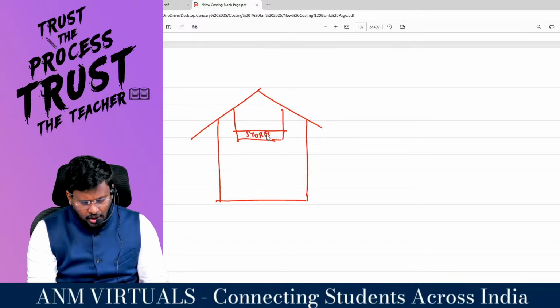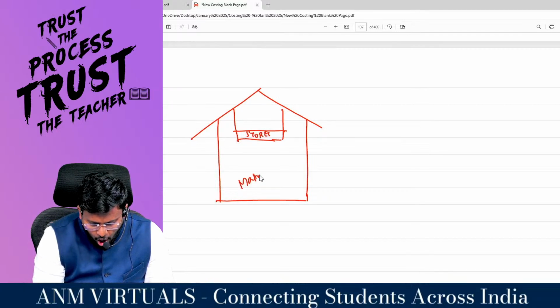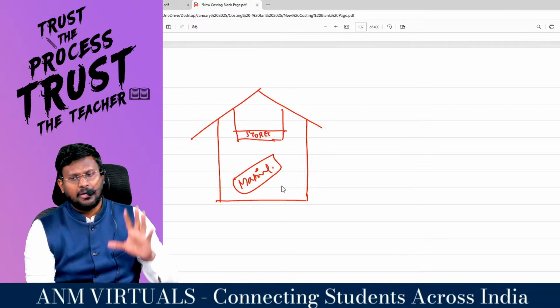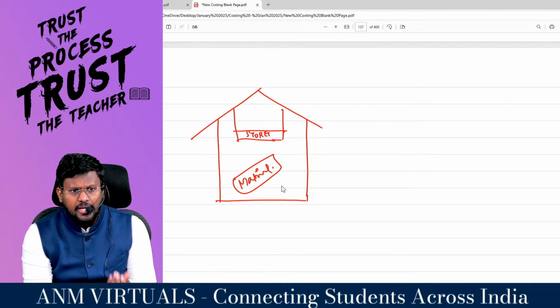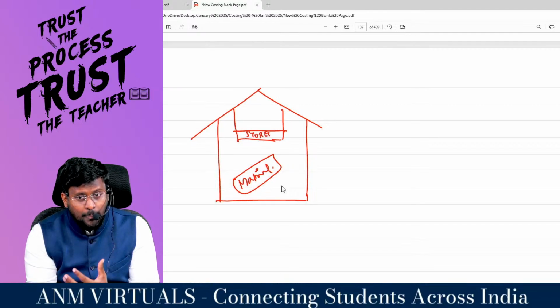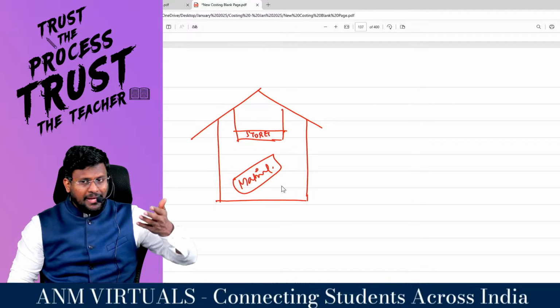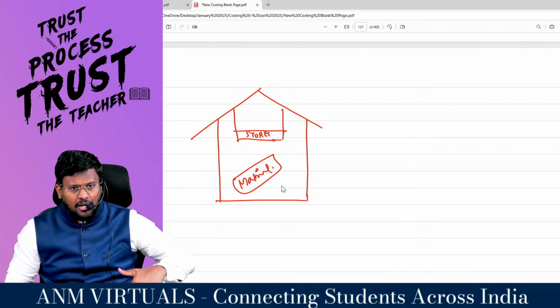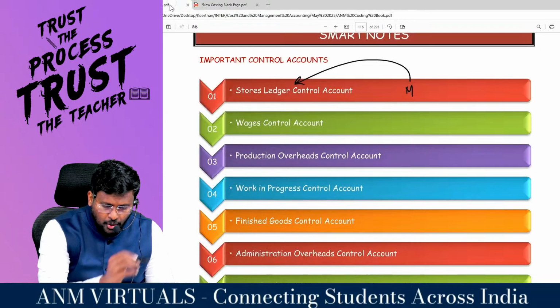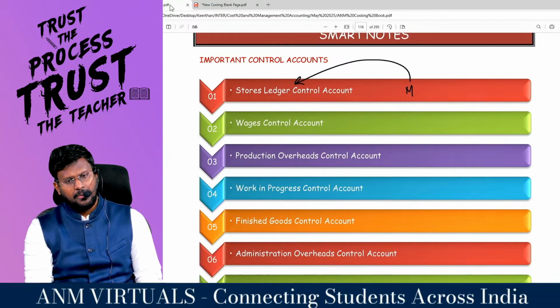Inside these stores, I am going to keep all the material, whether it is direct material or indirect material. So I may purchase, I may consume, I may issue the raw material, or I may get the return of the raw material. For all that, I am going to write the journal entry.